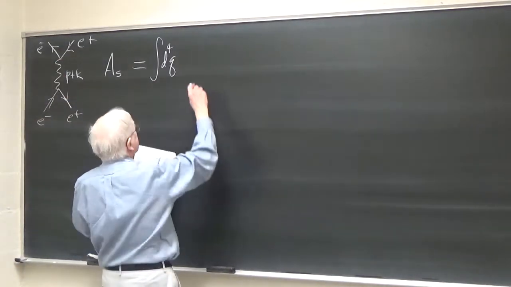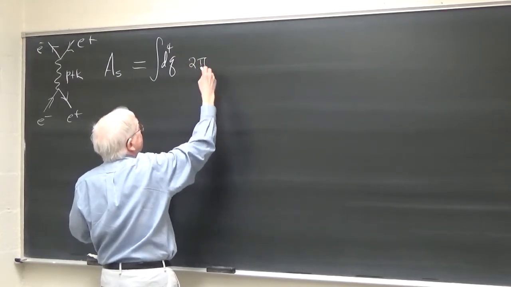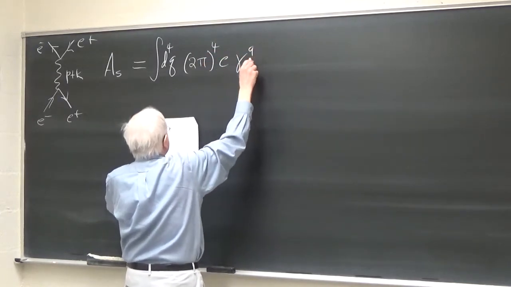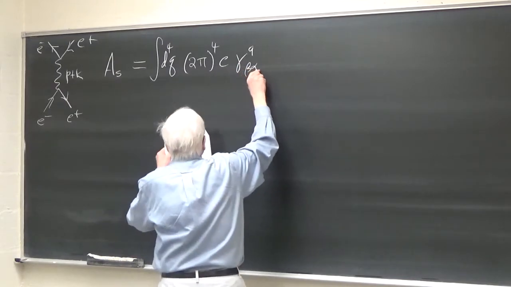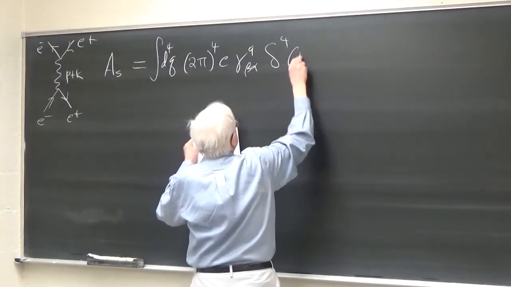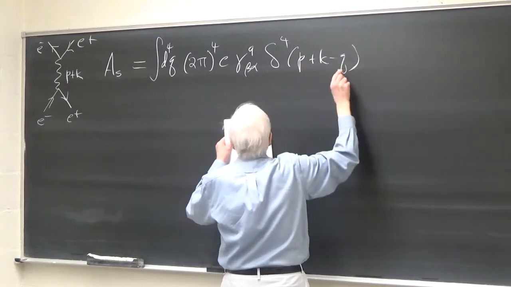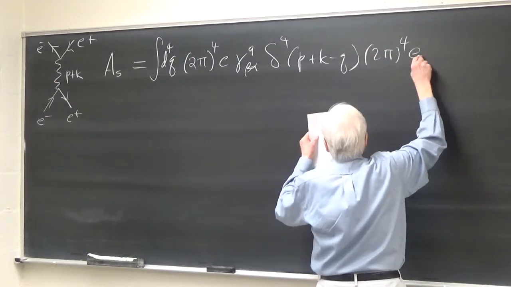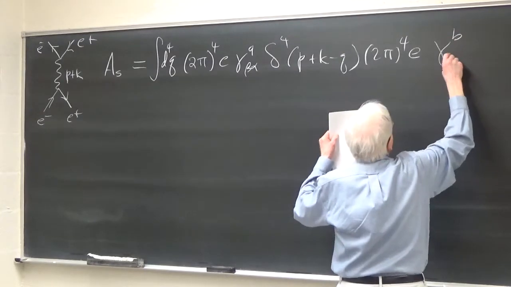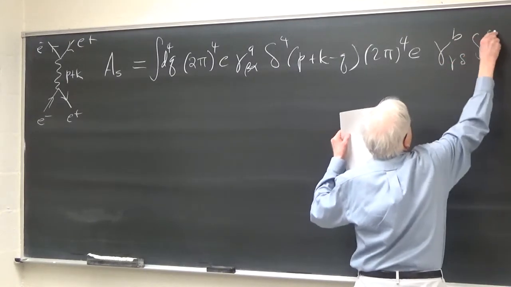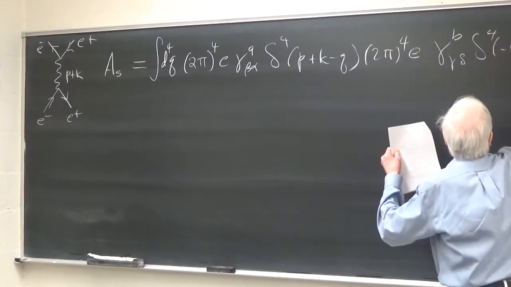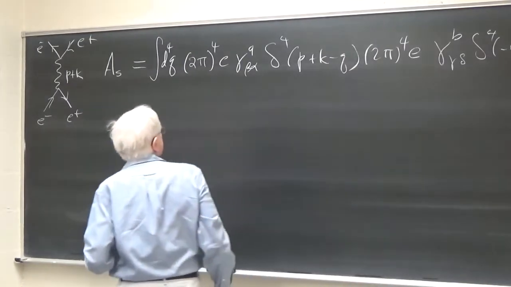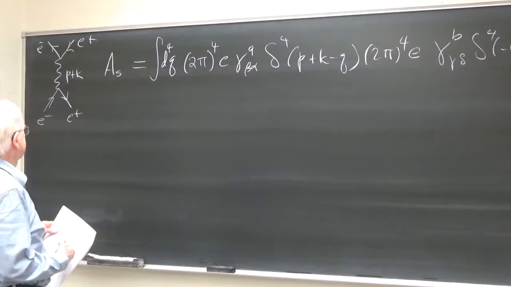And so they give 2 pi to the fourth, E gamma A beta alpha, delta fourth of P plus K minus Q. And the other vertex is again the same thing, 2 pi to the fourth E gamma B gamma delta, delta fourth of minus P prime minus K prime plus Q. And I need to redo the LaTeX a little.